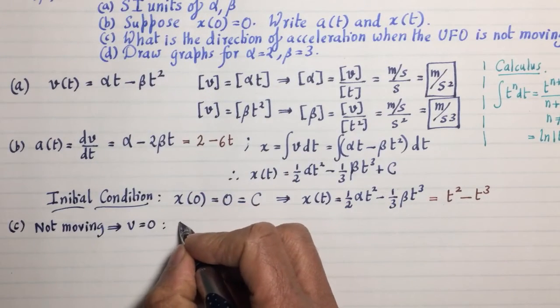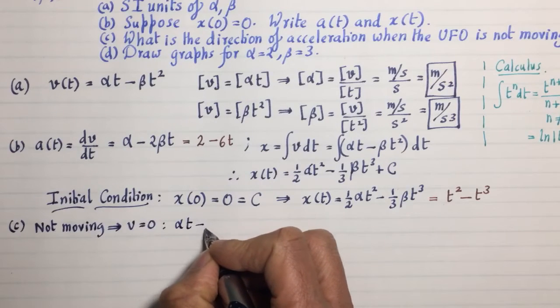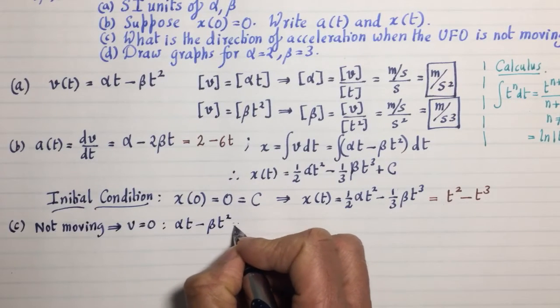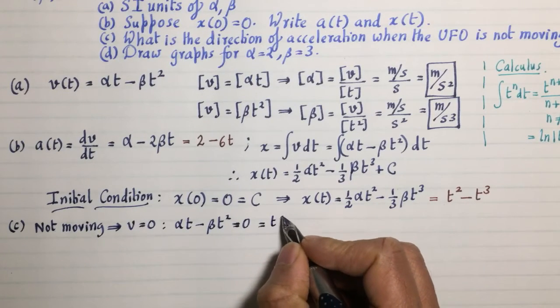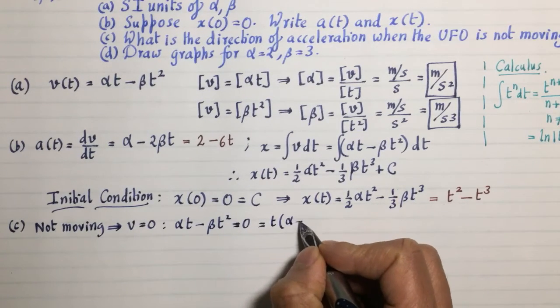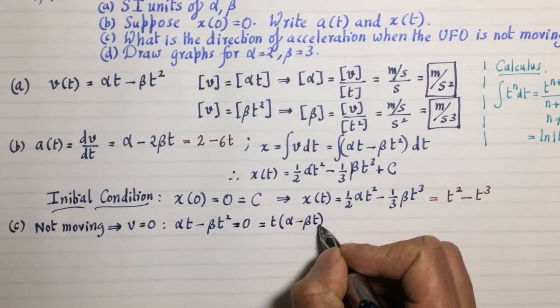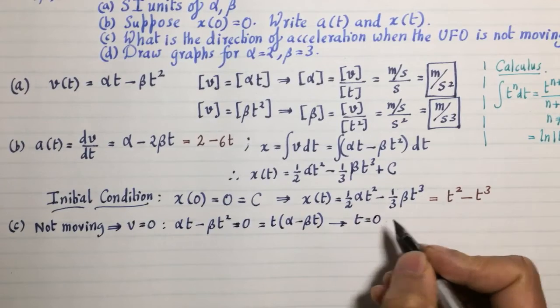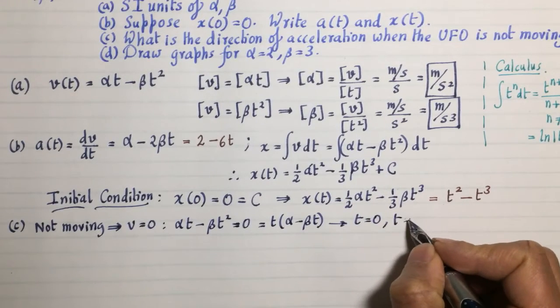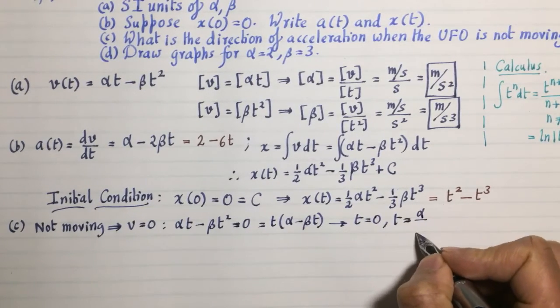I'm going to get alpha t minus beta t squared is equal to 0, which I can factor out a t and write this as alpha minus beta t times t equal to 0. So there are two solutions. The first solution is t equal to 0, and the second solution is t equals alpha by beta.